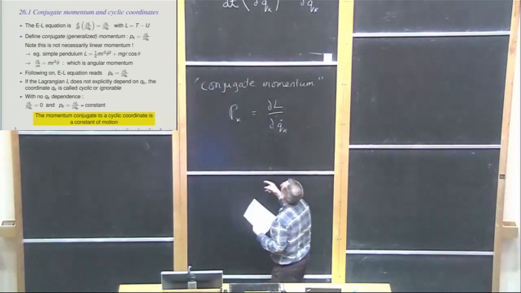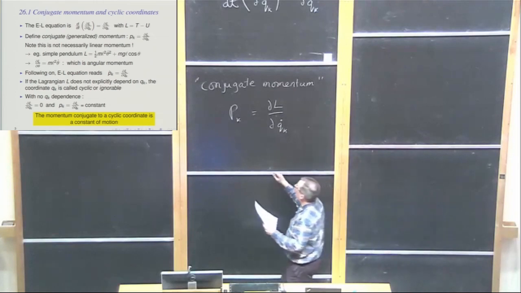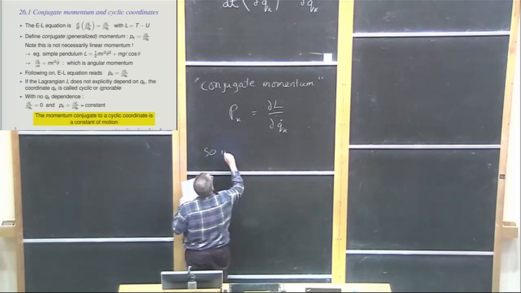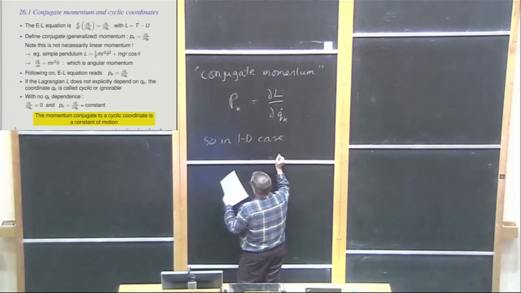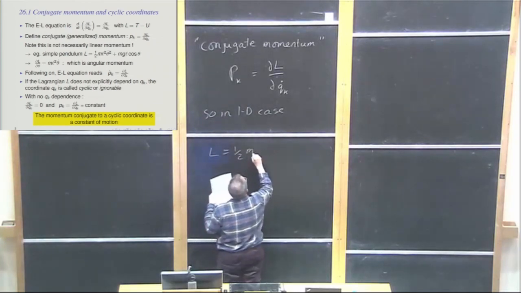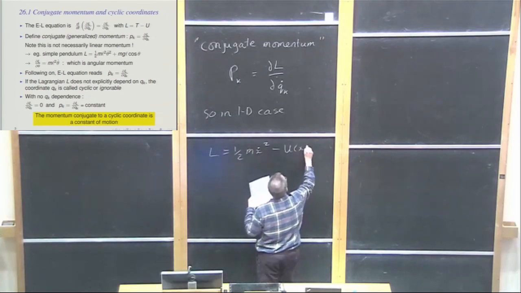So why do I call this a momentum? Well, let's go back to the 1D case. In the 1D case, the Lagrangian can be written as a half m x dot squared minus U of x.